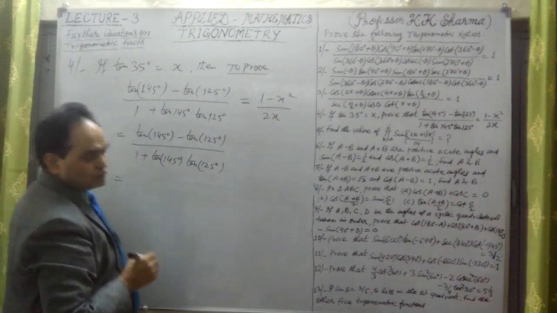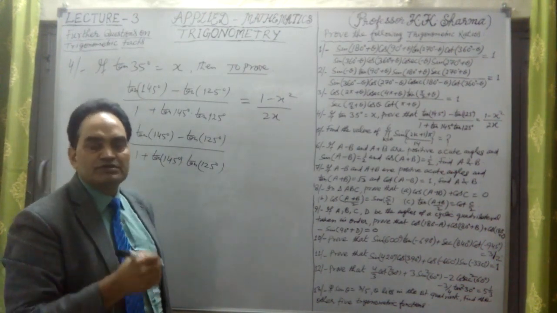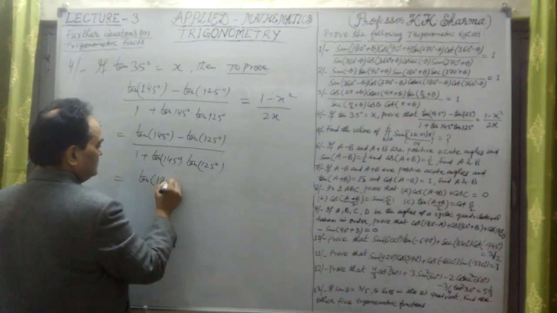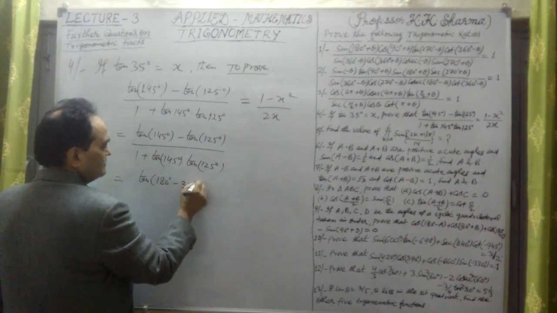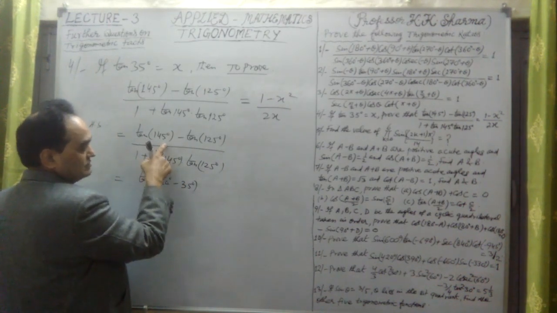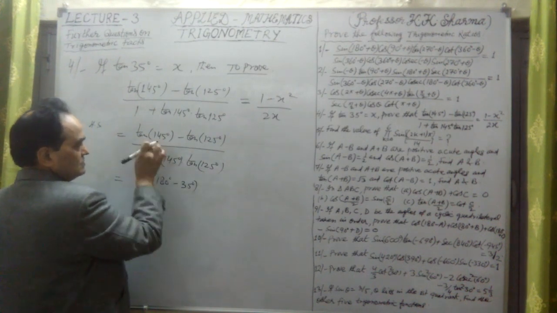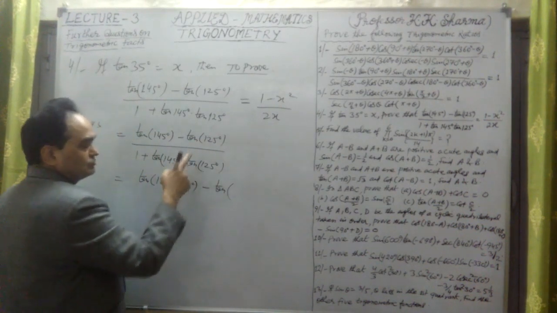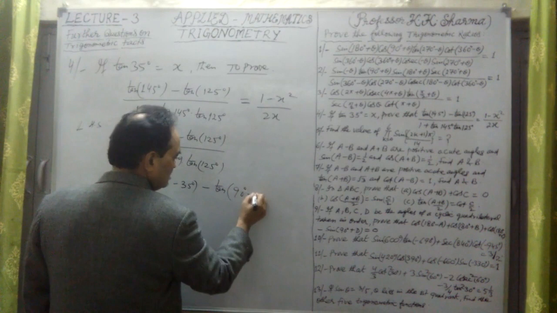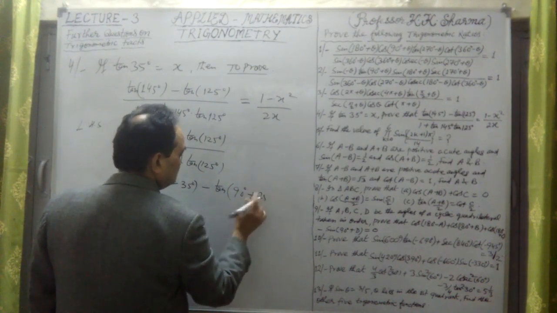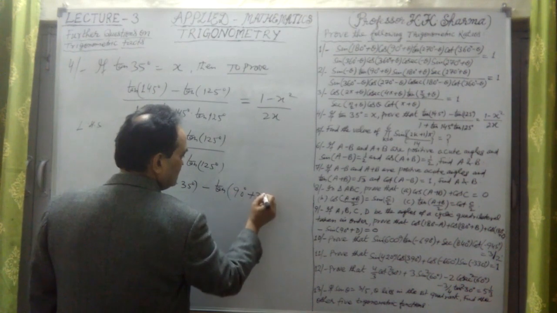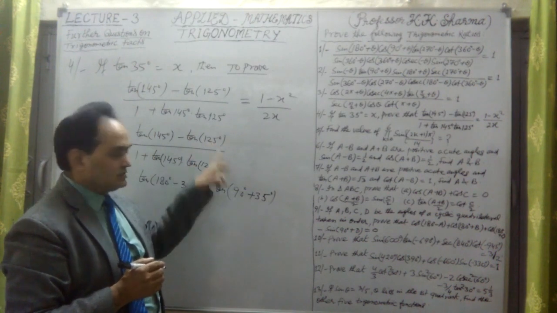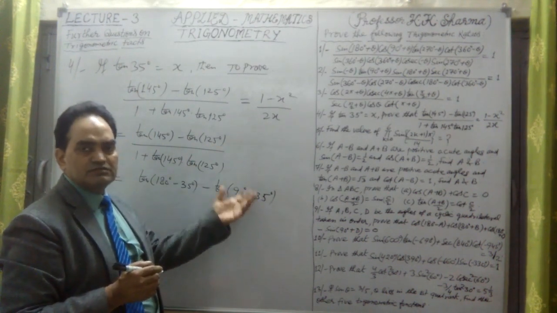Tan 145 degree can be written as tan of 180 degree minus 35 degree, since 180 minus 35 is 145. And tan 125 can be written as tan of 90 degree plus 35 degree, since 90 plus 35 is 125.